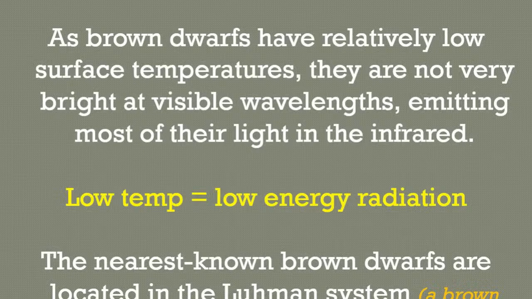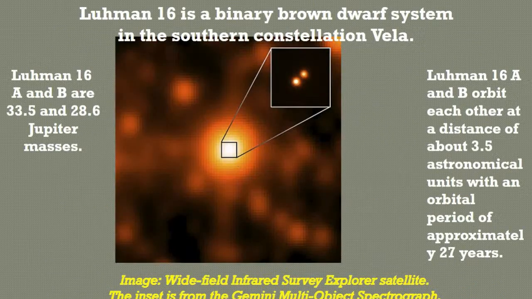Now, the Luhman system is the closest one to us, not very far away. The nearest star is 4.3 light years away in the Alpha Centauri system. This is 6.5 light years away, not very far away, and that's what it looks like. Gee, how'd they get a picture if it isn't making fusion?